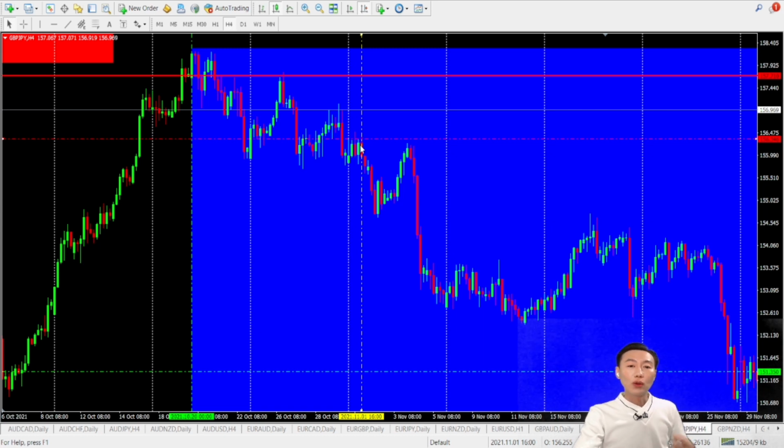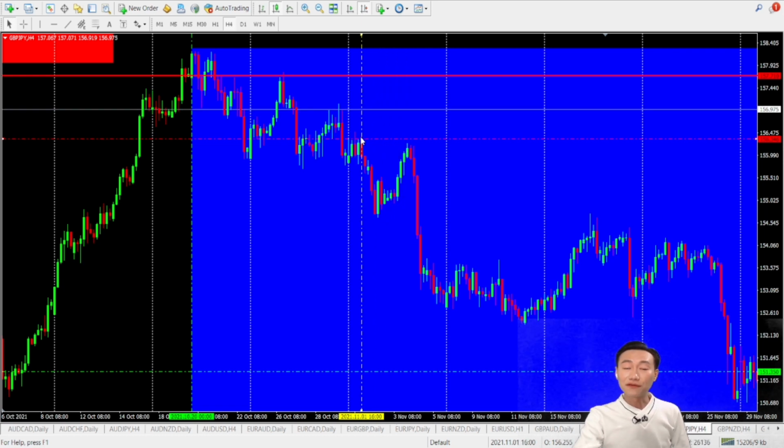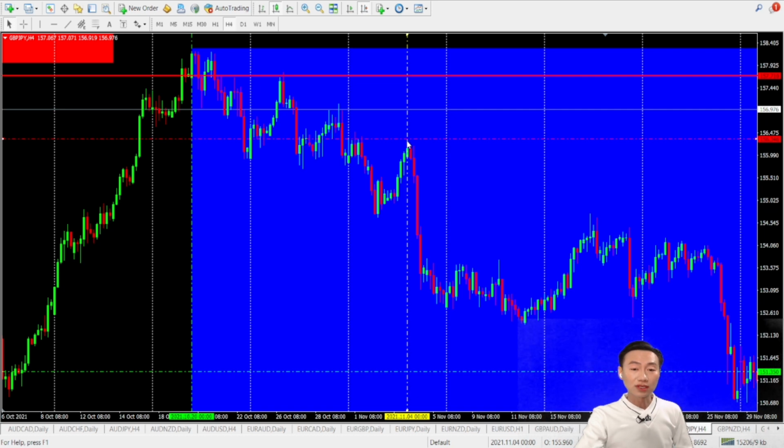When it slides down, and now on the 4th of November, 00 hours, it starts to test the resistance of the 1st of November, 1600 hours. So right now on the 4th of November, 00 hours, it started to test and it's not breaking.